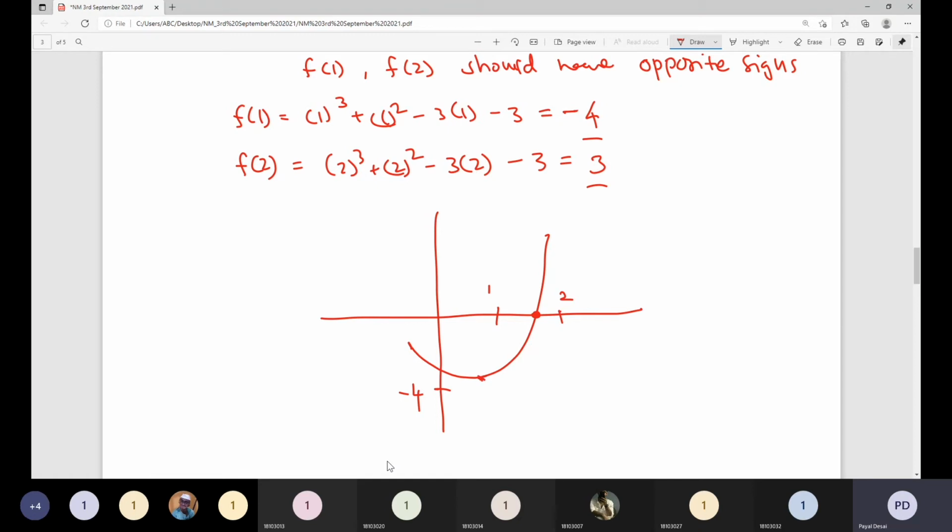One value is somewhere here, and the second value is somewhere here. I'm evaluating my bracketed values at 1 and 2, and where the function crosses the x-axis, this is your root. So my interval is 1 and 2, and the function crosses the x-axis, so there is a guaranteed root between 1 and 2. That's what we want to begin with in our example.